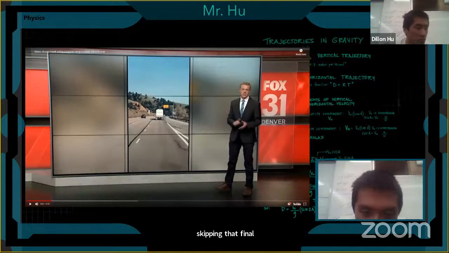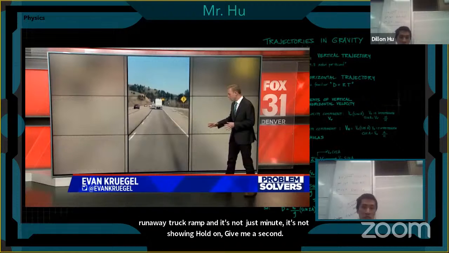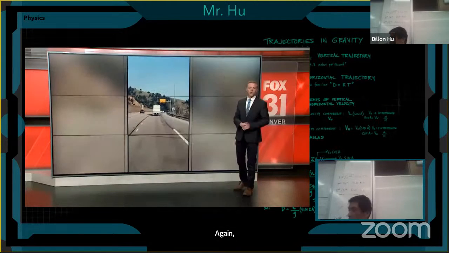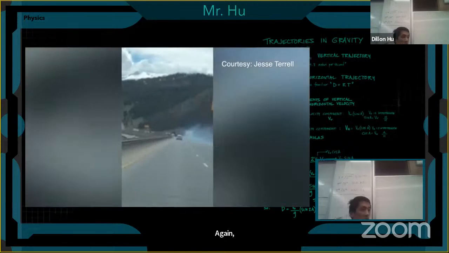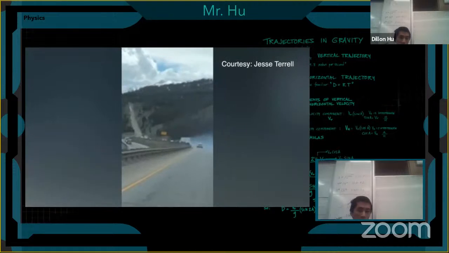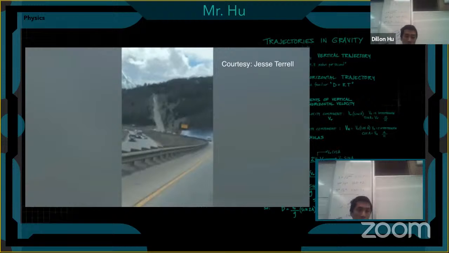These runaway truck ramps have been a huge topic of discussion ever since this video came out showing Rohel Aguilera Medeiros skipping that final runaway truck ramp on I-70 just minutes before that deadly crash. Definitely had my adrenaline going as he came through the Eisenhower Tunnel heading west. He was starting to get upwards of 80, 85 miles an hour.